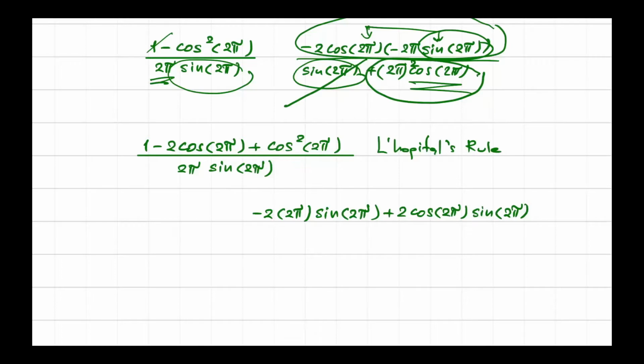divided by differentiate the 2 pi, which is like a x, you get sine 2 pi and plus 2 pi differentiate sine, you get cosine 2 pi.